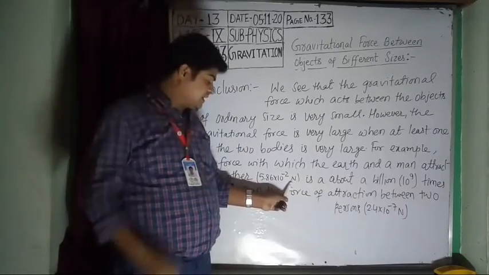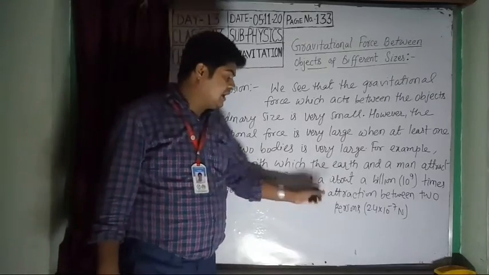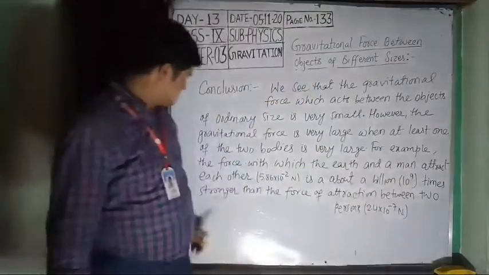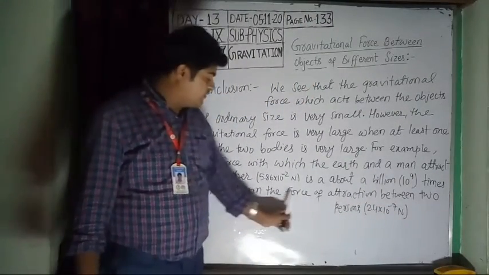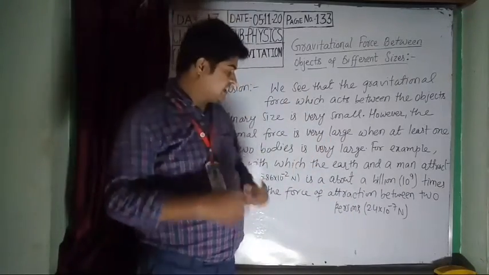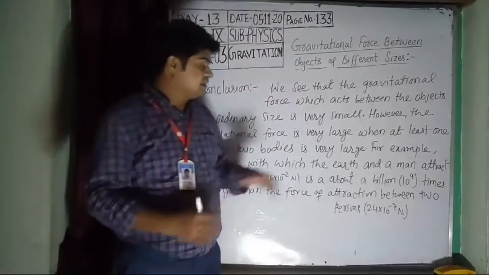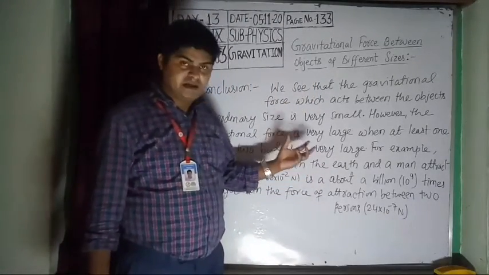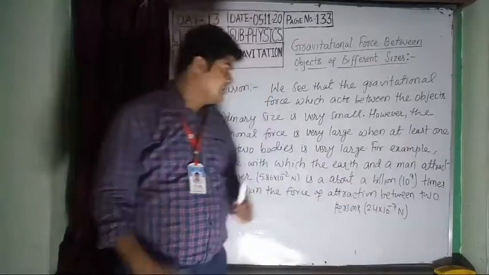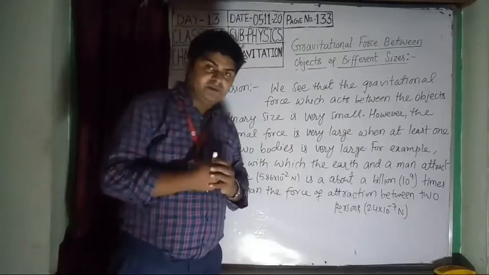That means the earth attracts the man by 5.86 into 10 to the minus 2 Newton, which is about a billion, that means 10 to the power 9 times stronger than the force of attraction between two persons. Two persons attract by 2.4 into 10 to the minus 7 Newton, whereas the force of attraction by the earth on that person is about 10 to the power 9 times, a billion times greater than the force of attraction between two persons.